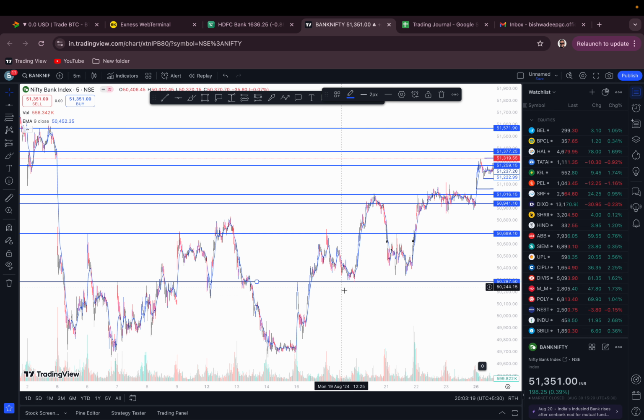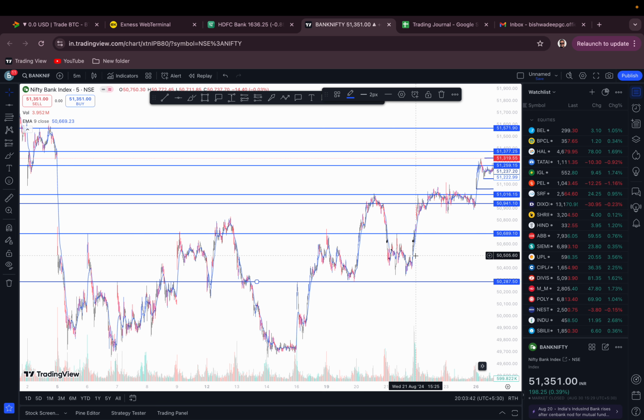Whenever we draw the resistance and the support line, please check the range also, that what is the range for this support and the resistance line. So here it is 50,288 and here it is 50,684. So that is nearly 400 points of range.